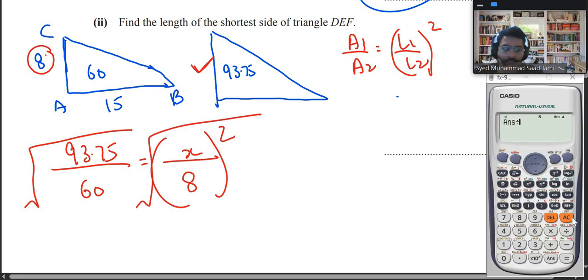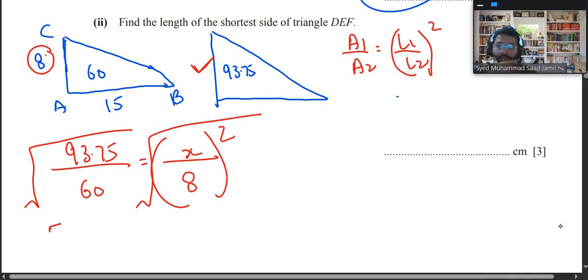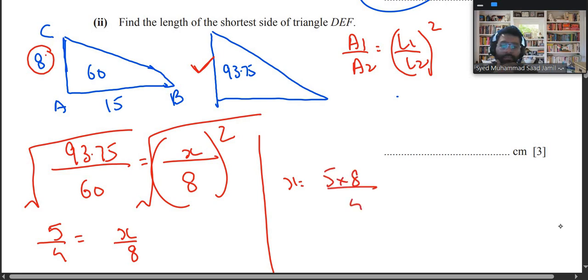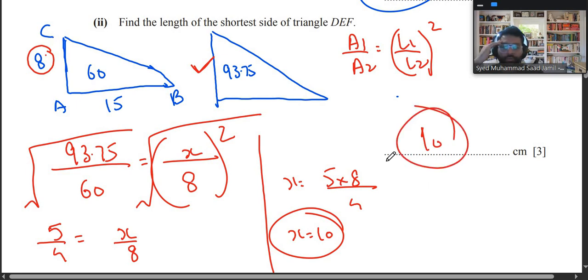So 93.75 upon 60, it's 5 upon 4. 5 upon 4 is equal to x upon 8. x is equal to 5 multiplied by 8 divided by 4. x is equal to 10. So the shortest side of triangle DEF is 10 centimeters.